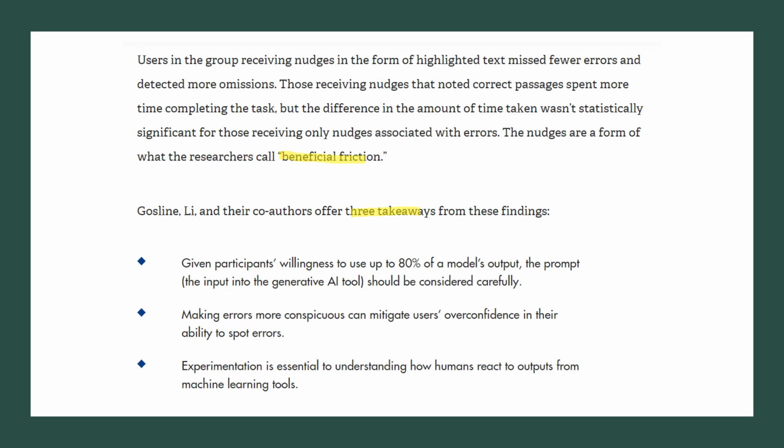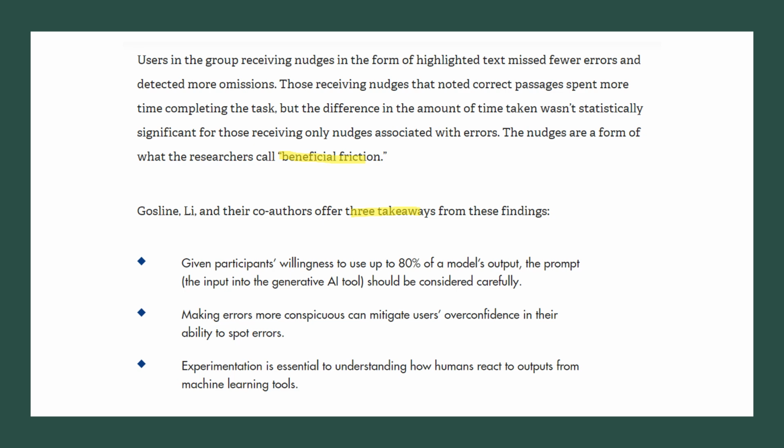Gosline, Lee, and their co-authors offer three takeaways from these findings. Given participants' willingness to use up to 80% of a model's output, the prompt, which is the input to the generative AI tool, should be considered carefully.